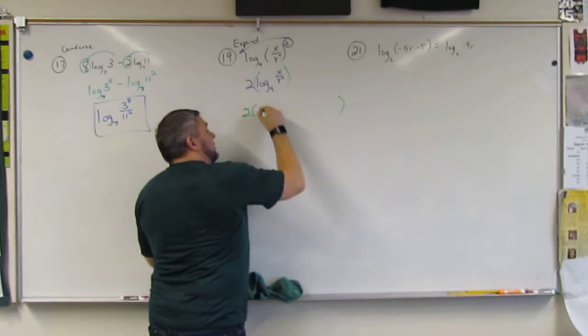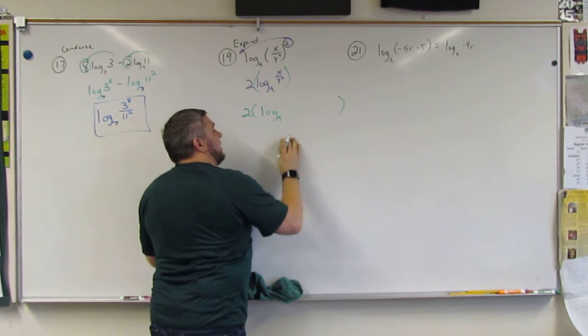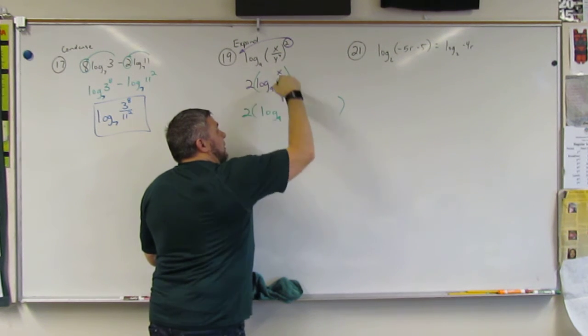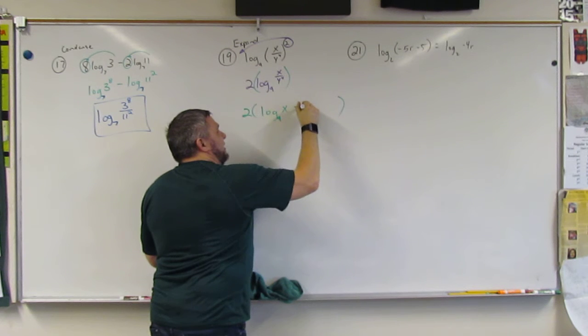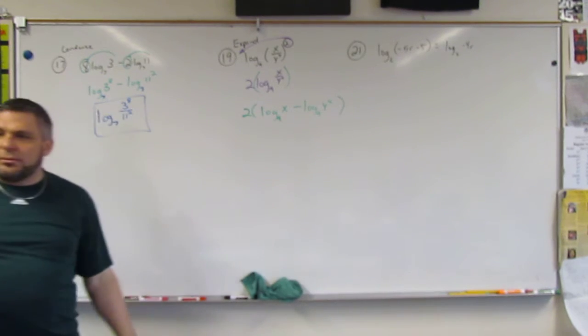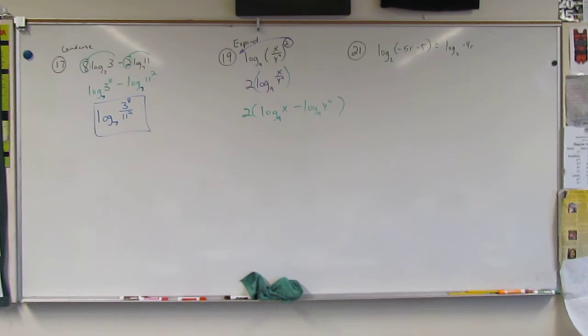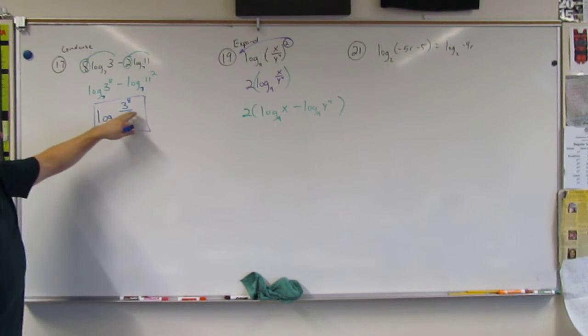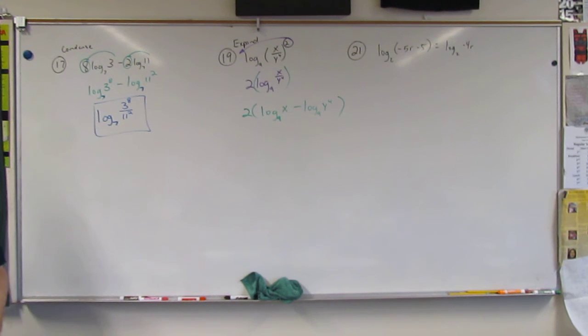So we're going to become log base 9 of x minus log base 9 of y to the 4th. Okay? Does that make sense? So when you divide, you subtract. When you subtract, you divide. Oh, yeah, that makes sense.